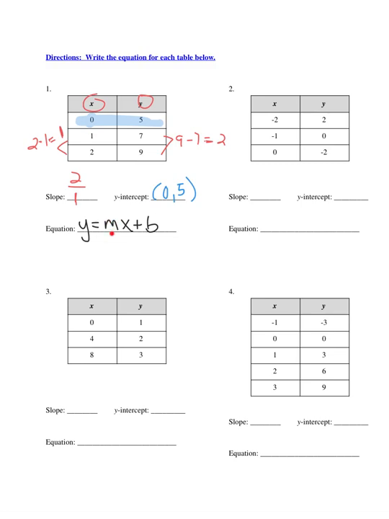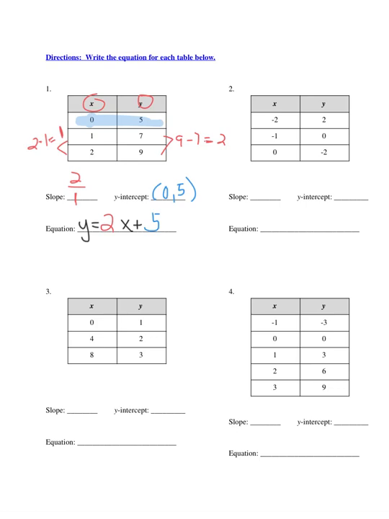M is slope, my slope is 2 over 1, so I'm going to replace that with 2. B is my intercept, which is 5, so I'm going to replace b with 5. So the equation for this table is y equals 2x plus 5.